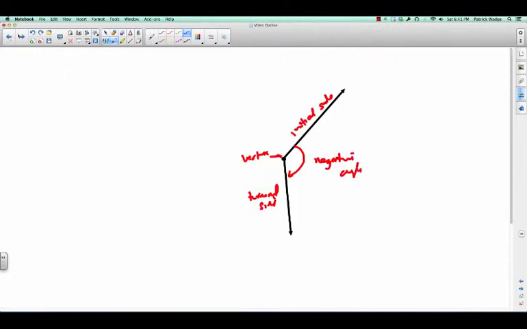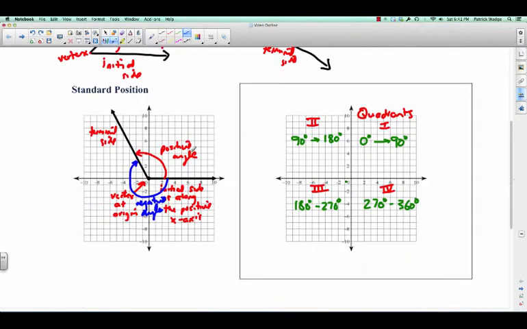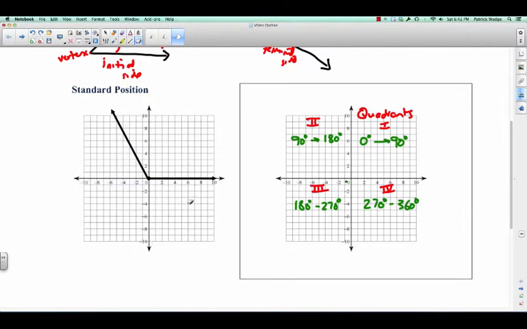Okay, I think we're ready to fill in the last piece of information on this graph right here. And what I want to look at is how you get the reference angles mathematically in each of the quadrants. So don't do this in yours, but I'm going to erase this, and I'm going to use this to give you some examples.